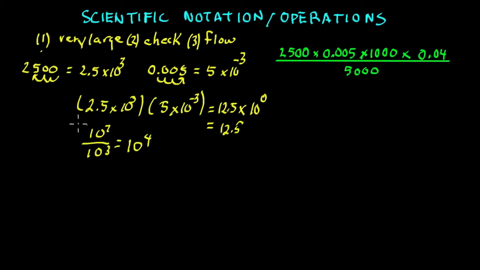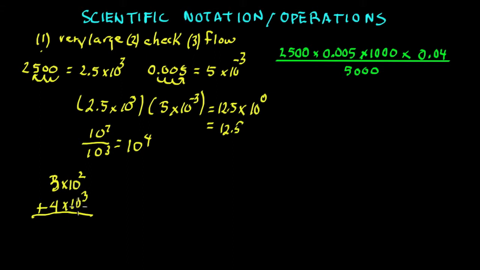Okay, so addition is a more interesting problem, I think, because we can very quickly be confused. If we have 3 times 10 to the 2, and we're going to add 4 times 10 to the 3, the first inclination is to look at 4 and 3 and say, 7.